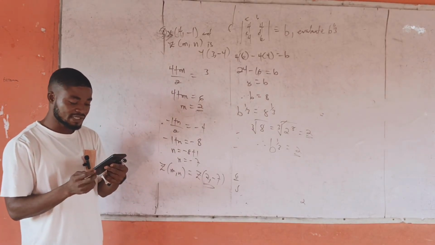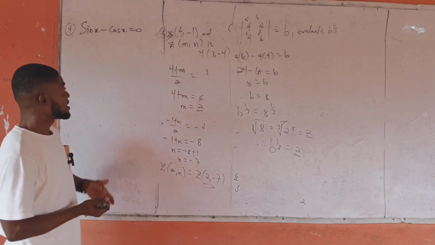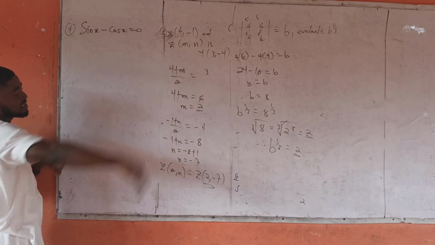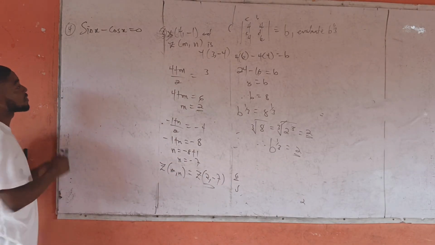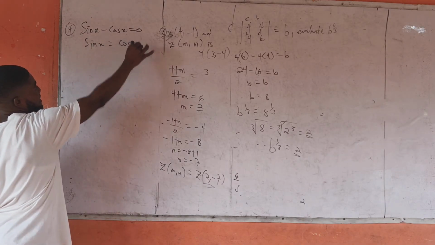So question 4 says that we should solve sine x minus cos x is equal to 0. So we have sine x minus cos x is equal to 0. And then to do this, we just make sine x or cos x stand on its own. And that gives us sine x is equal to cos x.